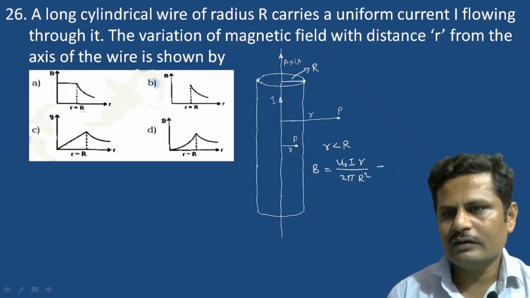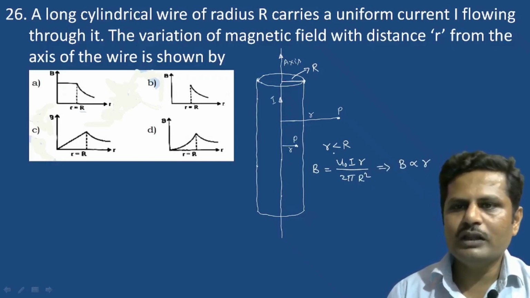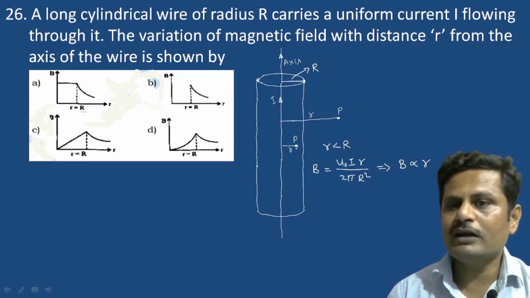This implies that B is directly proportional to r when small r is less than capital R. That means the distance of the point of consideration is less than the radius.